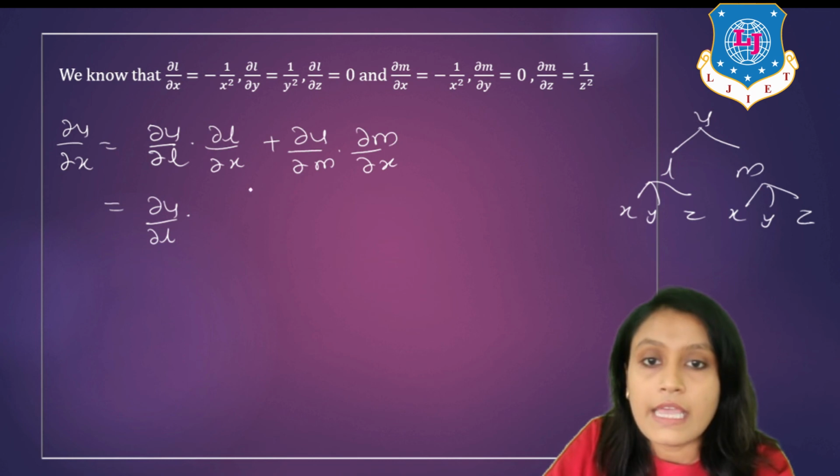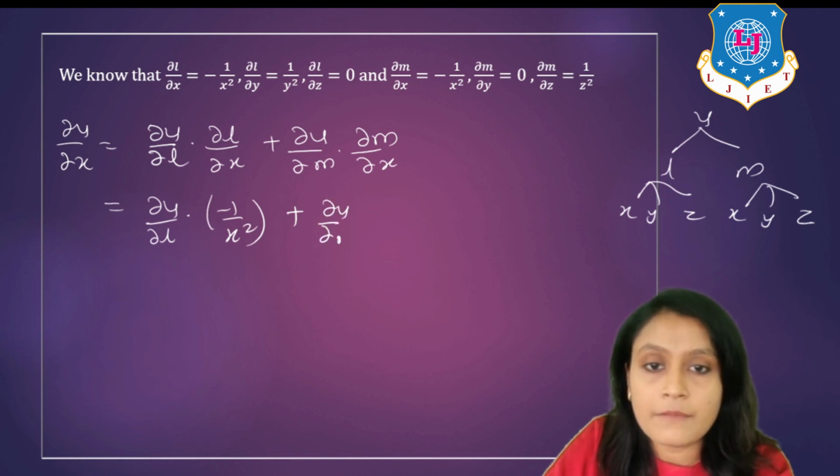Now ∂L/∂x is the derivative of L with respect to x. This you can find from the L given, so you will get the answer as −1/x². So you will write here −1/x² plus, now ∂u/∂M we will keep as it is and ∂M/∂x, so what you will get? −1/x².